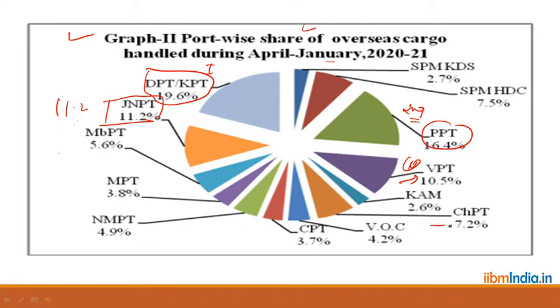Fifth is SPM Haldia Port 7.5. Then sixth, 7, 8, 9, 10: 4.2, 4.9, then 5.6, 4.9, 4.2, 3.8, 3.7, then 2.7, then 2.6. So this is the graph of port-wise share of overseas cargo handled during April-January 2021.